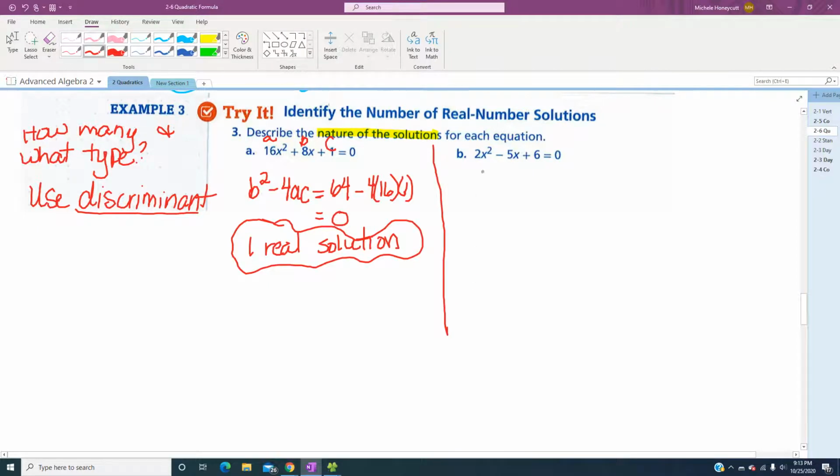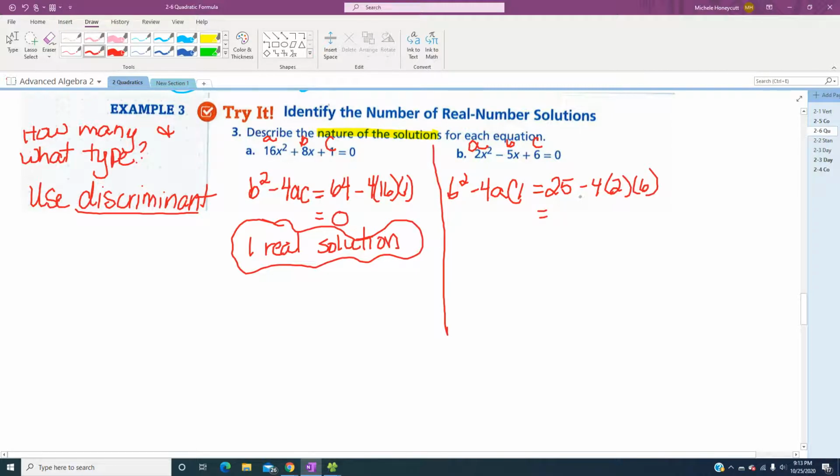Part B says I've got 2x squared minus 5x plus 6. I want to know how many solutions and what type they're going to be. So I'm going to find the discriminant, which is b squared minus 4ac. So a is 2, b is negative 5, and c is 6. So b squared, negative 5 squared is positive 25, minus 4 times 2 times 6.